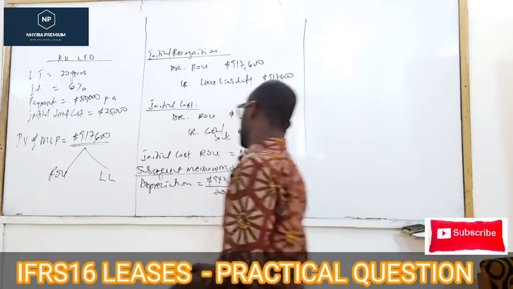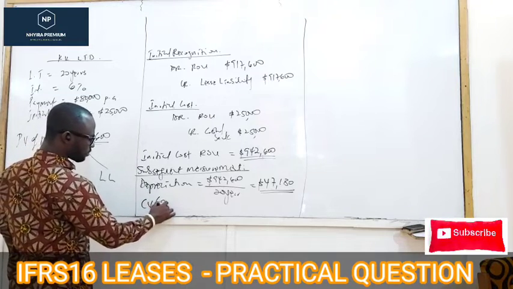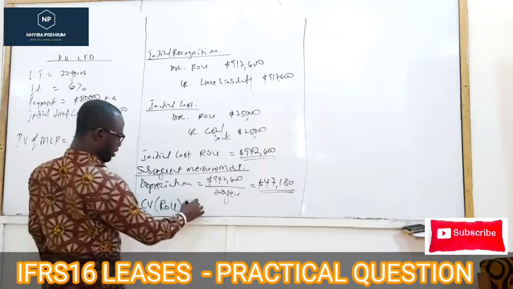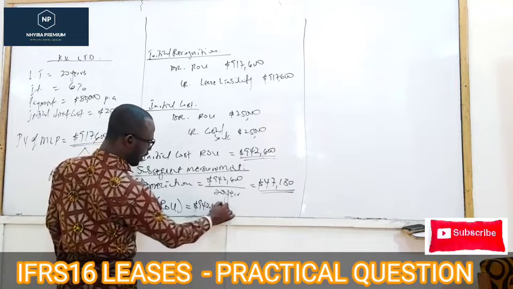So that is the right of use that is depreciated. So now the carrying value of the right of use of the asset will be the $942,600, right?